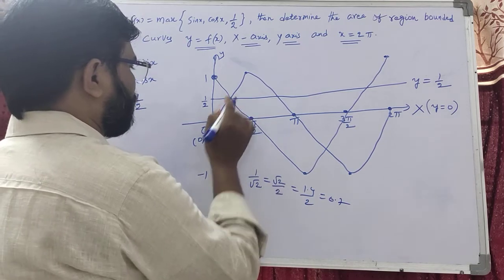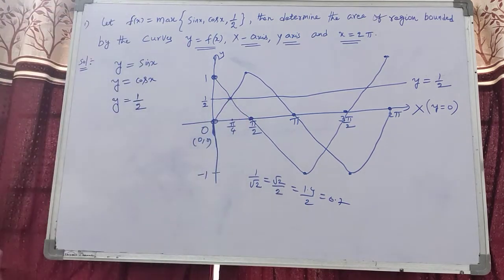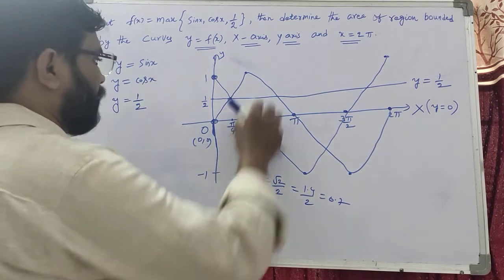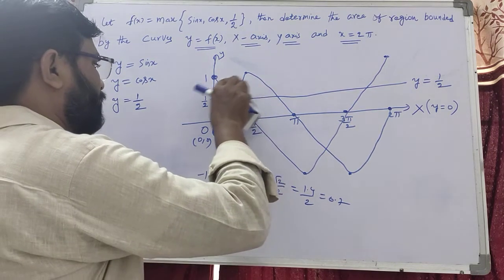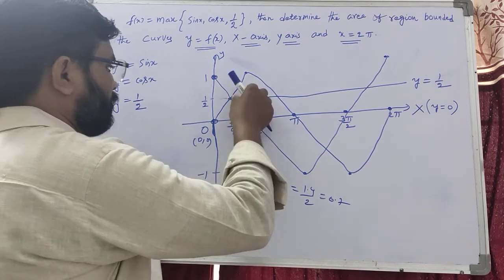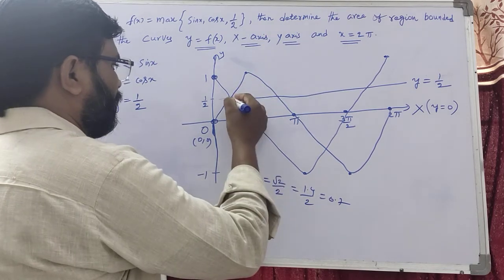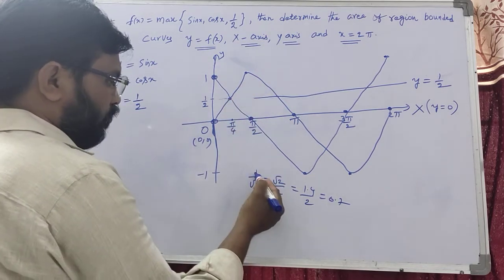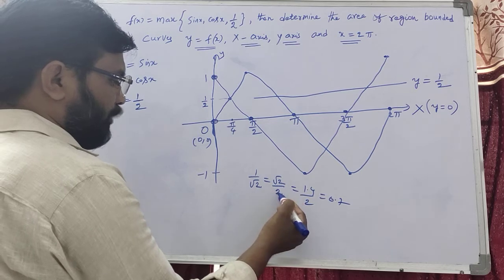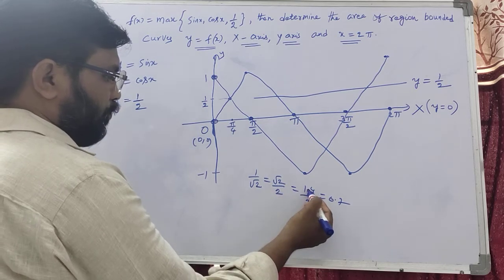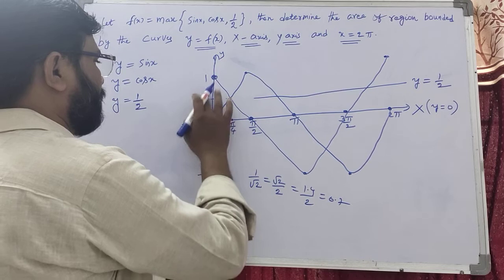These curves are intersecting. Okay, this is the 0.7. 1 by root 2 is root 2 by 2. Therefore, this is 1.4 by 2, which is 0.7.